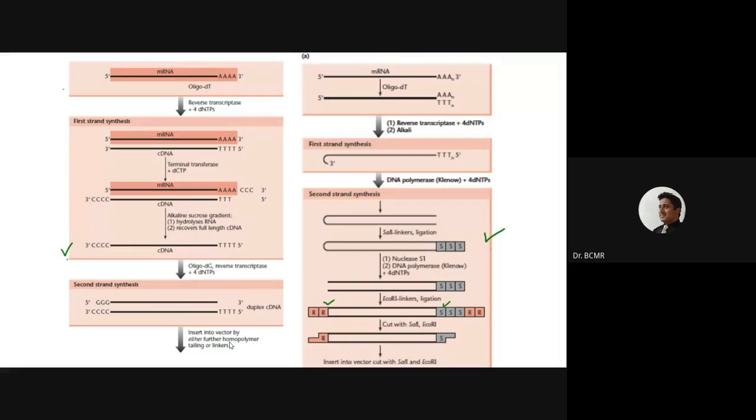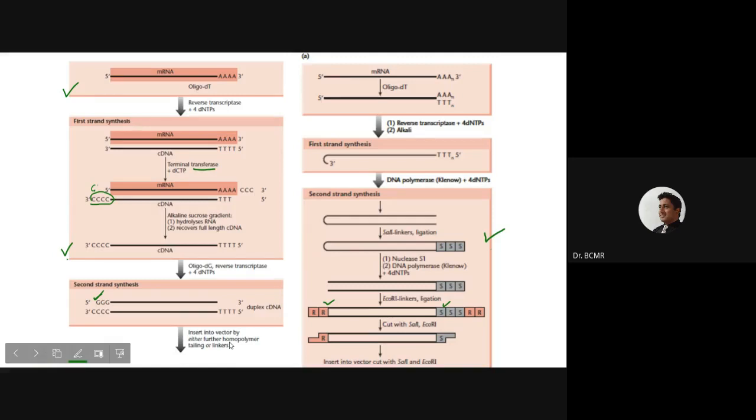And in the one here, it is about, if we are not using S1 nuclease, how can we clone the second cDNA strand? And this one is about using terminal transferase, so that we know the information that is on this end. Then we could have used a primer such as poly G, oligo G, and then synthesize the second cDNA strand. Okay.